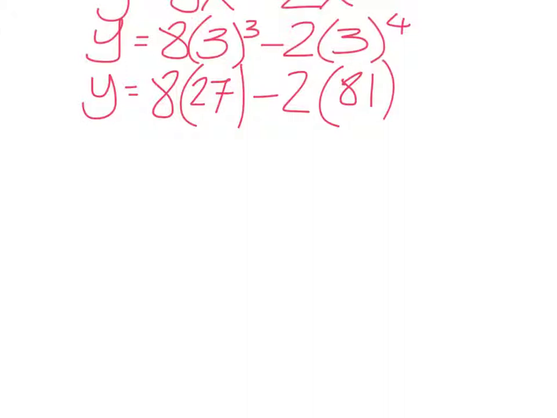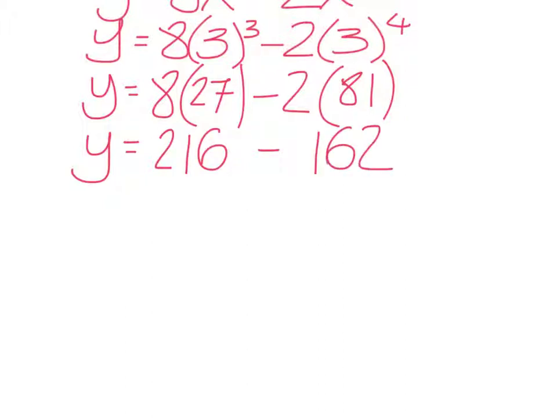That then gives us y equals 8 times 27, which gives us 216. Take away 2 times 81, which is 162. 216 take away 162 is 54.